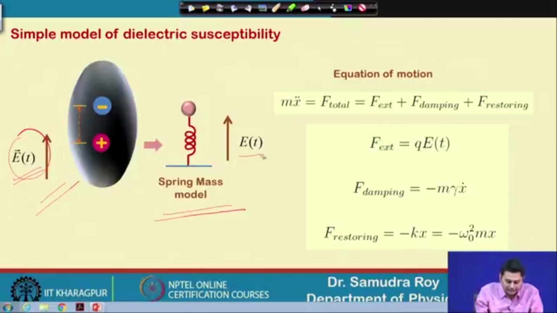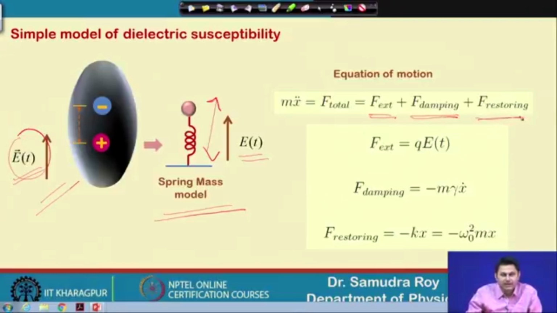I am launching the electric field here, and as a result the things will vibrate with some frequency, and this vibration can be modeled by the straightforward equation of motion, which contains a few forcing terms. We have already explained this: an external force from the electric field, then the damping force, which is the material property or the spring property, and then the restoring force.